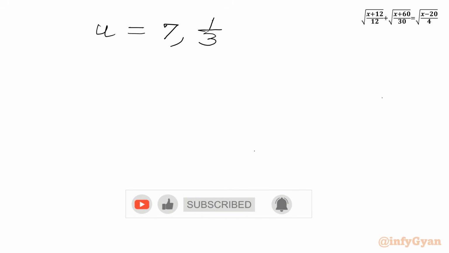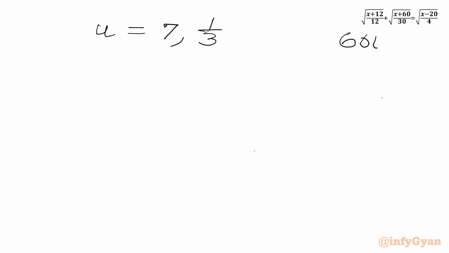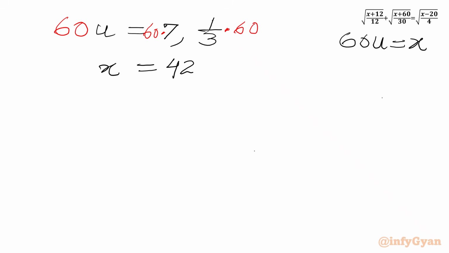Now our substitution was 60u equal to x, or x equal to 60u. So I will multiply by 60 on both sides. Now the LHS will become x. 60 times 7 is 420. 1 over 3 times 60 is 20.